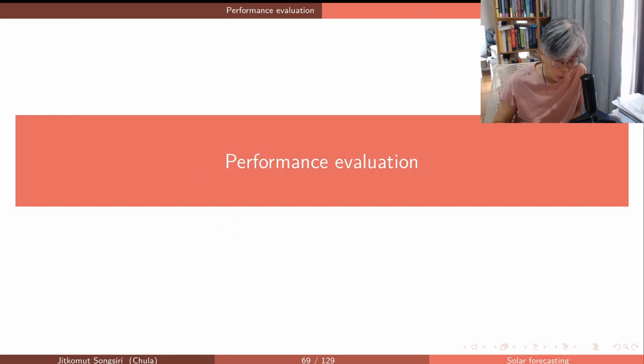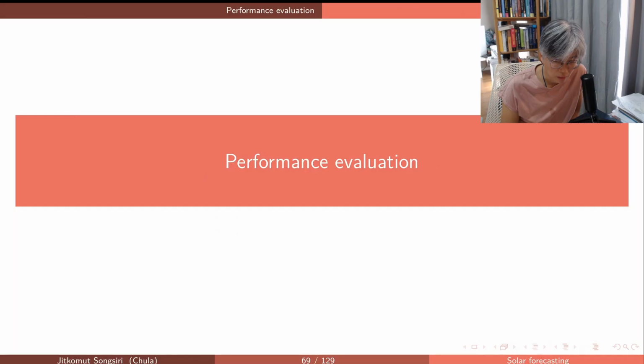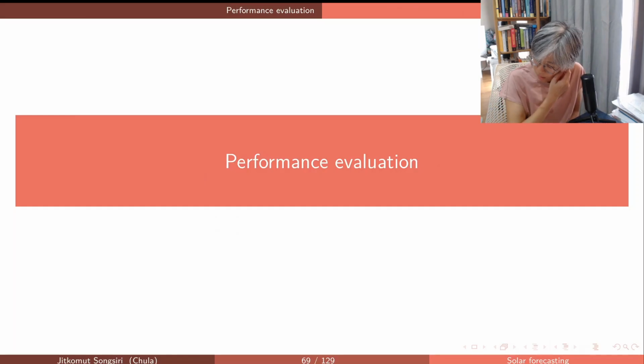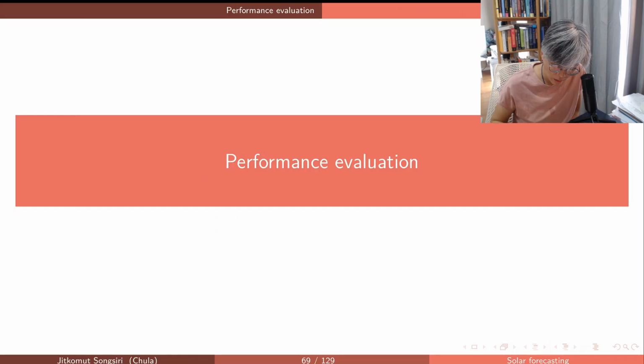So I would like to dive into numerical examples that have been our case studies for the previous 5 or 6 years. Before that, I would like to give a lecture about how to evaluate the performance, and then give you a few samples of the case studies that particularly focus on the deterministic forecasting. Okay, let's get started.